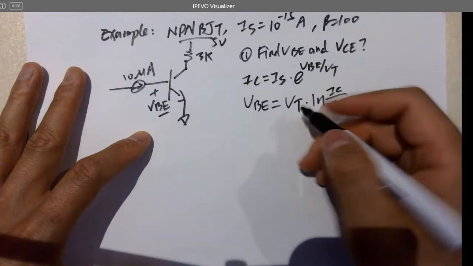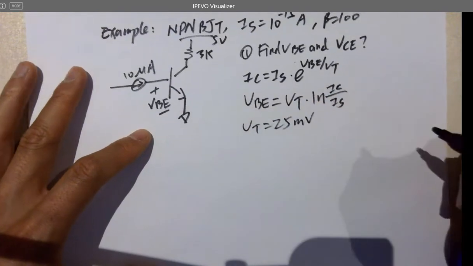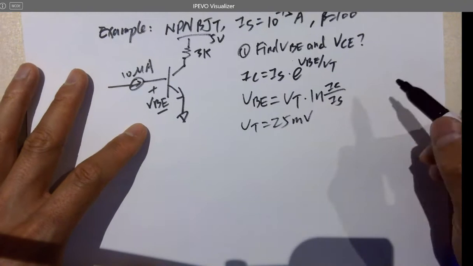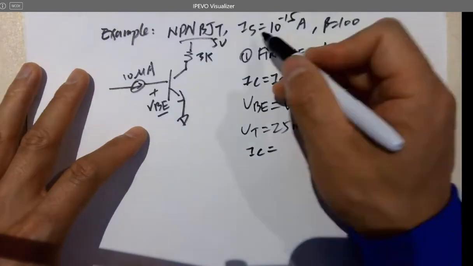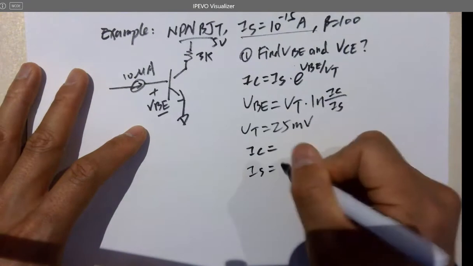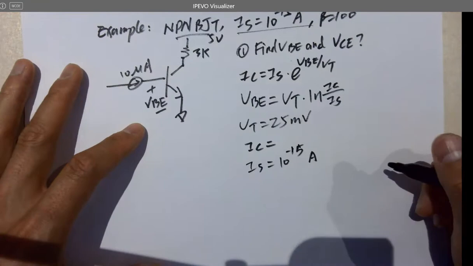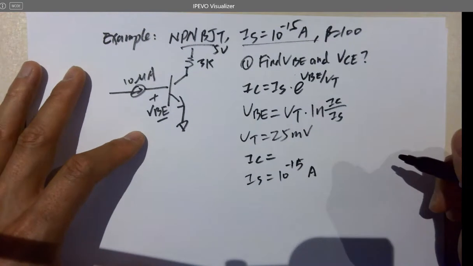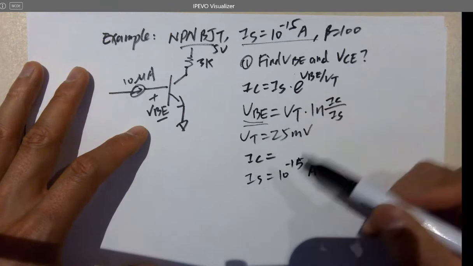And VT is given, right? VT is 25 millivolts at room temperature. IS is given as well: IS is 10 to the negative 15 amps. But IC, we don't know. What is IC in order to calculate VBE here?